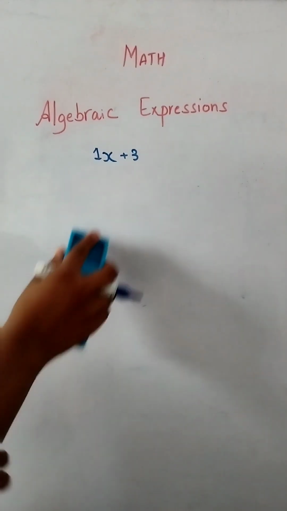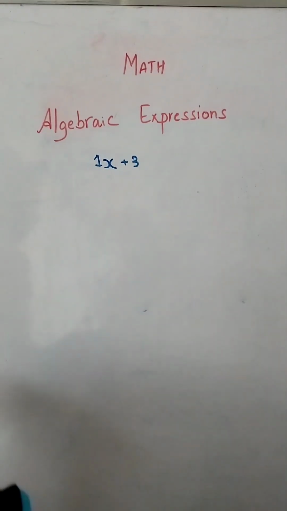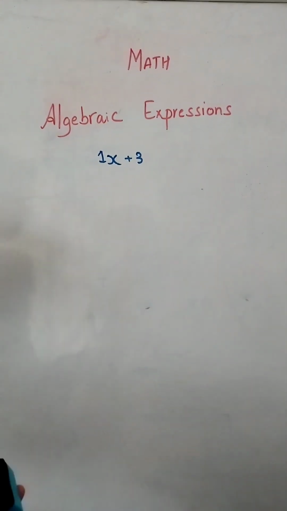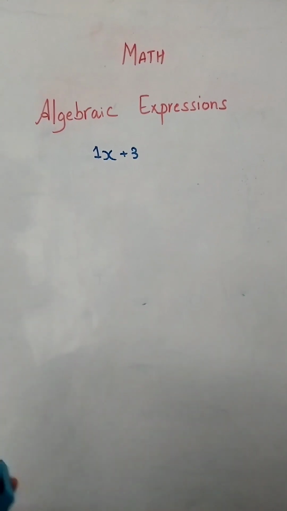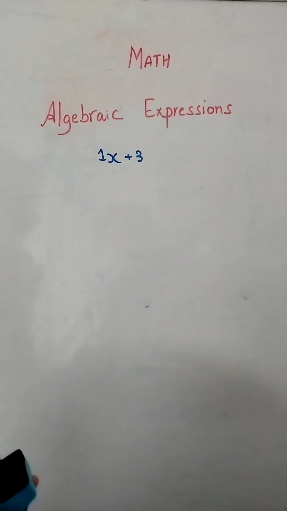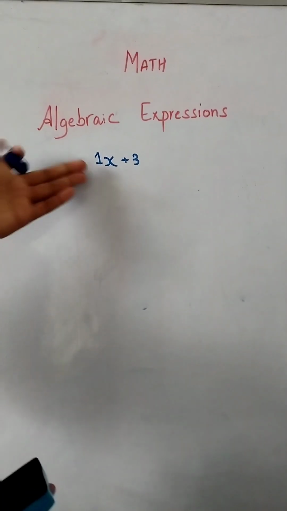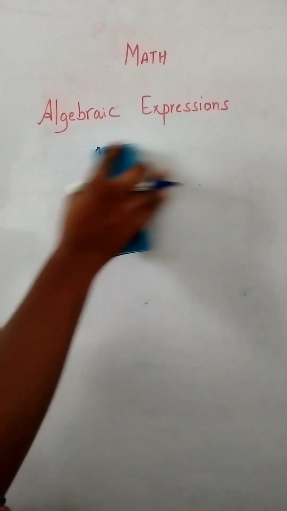So now we understand that variables can have an invisible constant, that is 1, but remember that invisible constants cannot come for any other number except 1, because 1 multiplied by any other number is the same number itself. Therefore we can automatically write 1 over there as a constant.